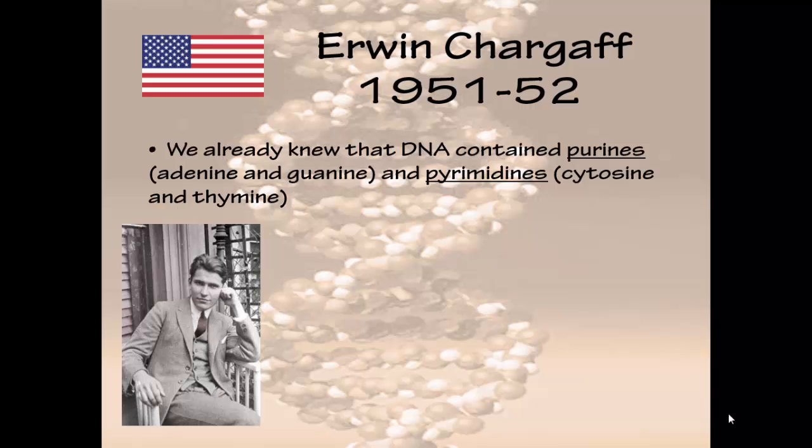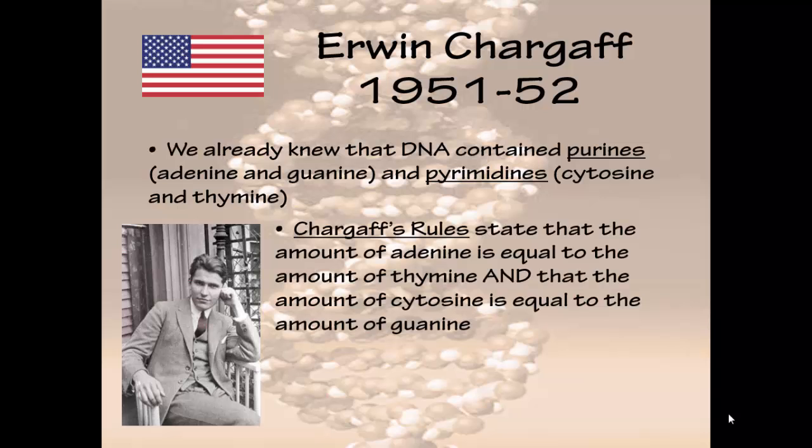If you need a quick way to remember which is which, though it's not super important, pyrimidine has the letter Y in it, and both cytosine and thymine have the letter Y in them as well. So the purines are adenine and guanine, and the pyrimidines are cytosine and thymine.